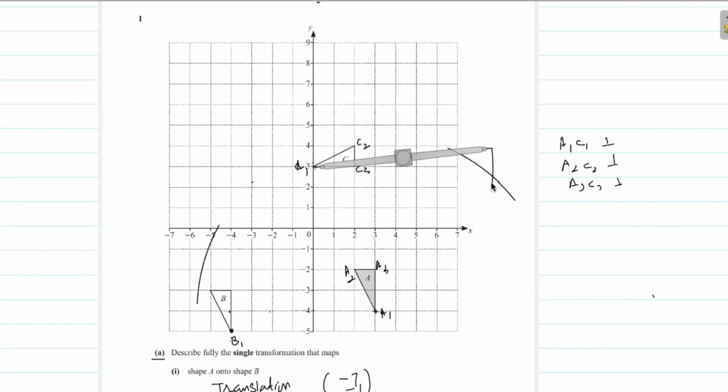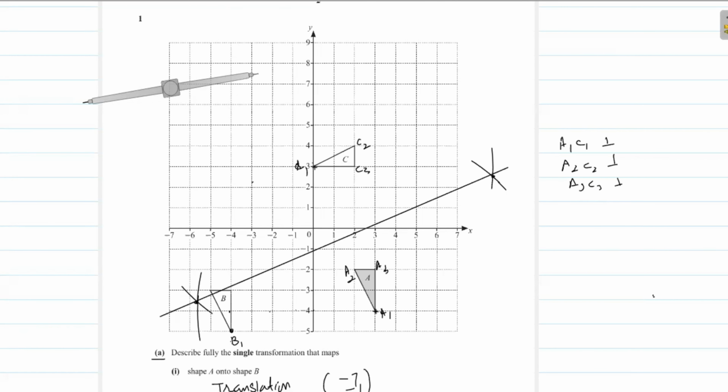This arc intersects the first arc at this position. Next, we will draw an arc on the left side, and this arc intersects at this position. These two points, we will join. When we join these points, this is the perpendicular bisector between A1 and C1.